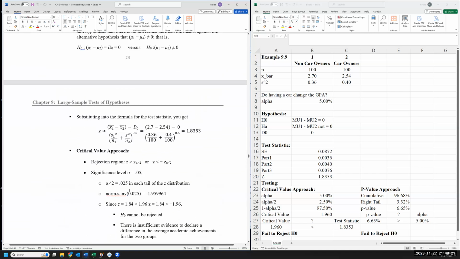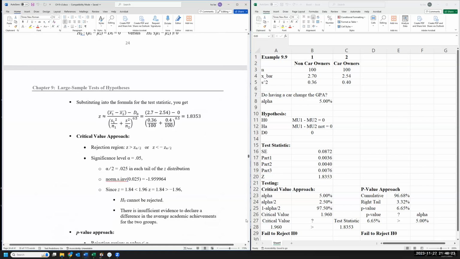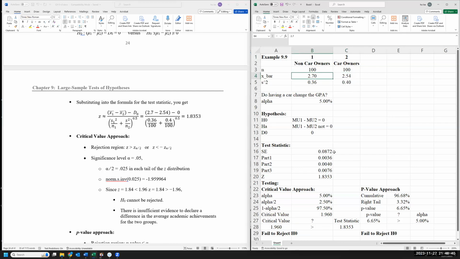So what does this mean? We fail to reject the null that the average GPA for car owners and the average GPA for non-car owners are equal. We fail to reject that.